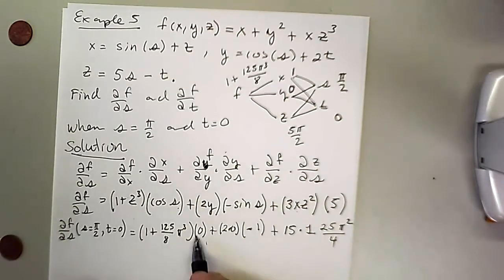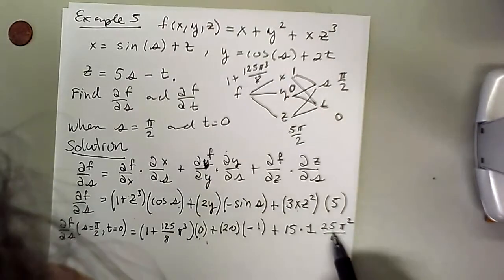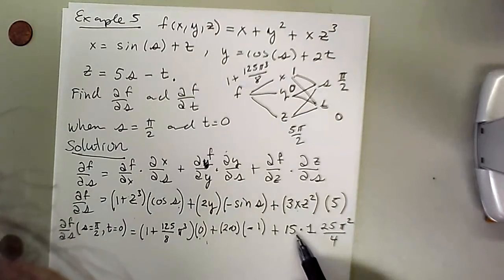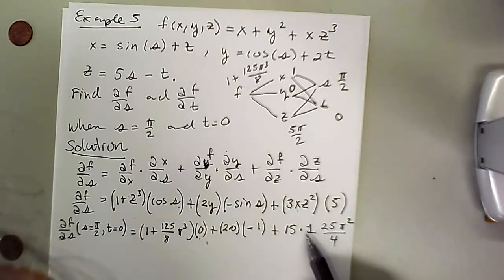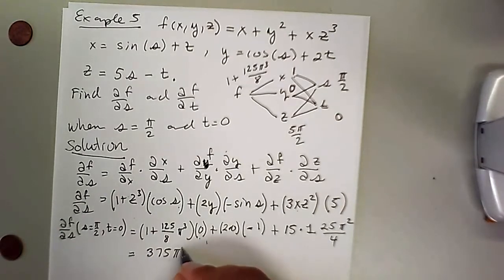So again, that is 0. So is that. So the product will be 375, if I'm not mistaken. 25 times 5 is 125 times 3, yeah, 375. So the final answer is 375 pi squared, all of that over 4.